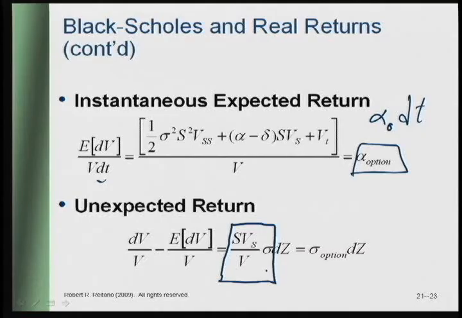And then we have the dz term, which of course reflects the time period, square root of dt, and the normal variable that's embedded in that Brownian motion. And so we could think of this as the unexpected return is the sigma option, and then we have a normal variable times square root of dt. Right, so if you wanted to think in terms of the units, the time units, that's the units of that sigma option.